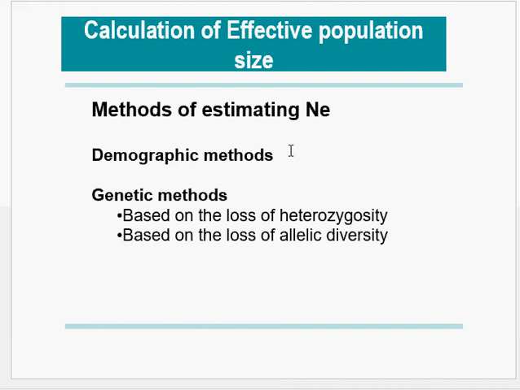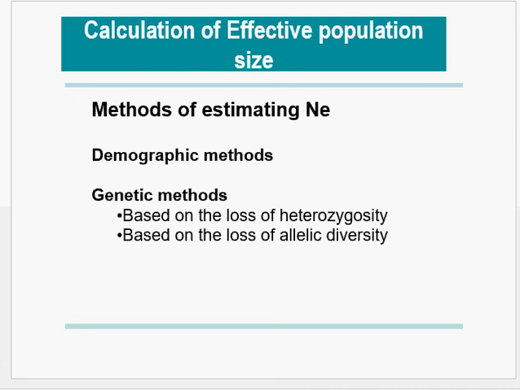Or you could use genetic methods, taking a look at heterozygosity change over time, how quickly heterozygosity is lost, and from what you've seen in previous videos, the rate at which heterozygosity is lost will give you an idea of the size of the effective population, which would be the subset of the census population, and similarly the rate of loss of allelic diversity over time.